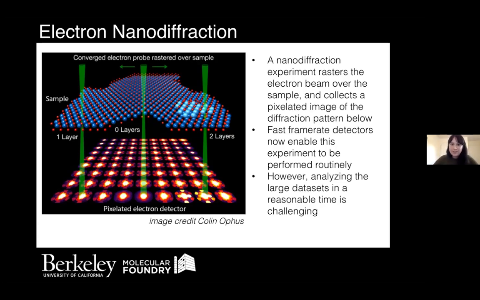So to refresh, a nanodiffraction experiment rasters the electron beam over the sample and collects a full pixelated image of the diffraction pattern. Fast frame rate detectors are enabling this experiment to be performed routinely, but analyzing these data sets or even moving these data sets around from computer to computer is extremely time challenging.